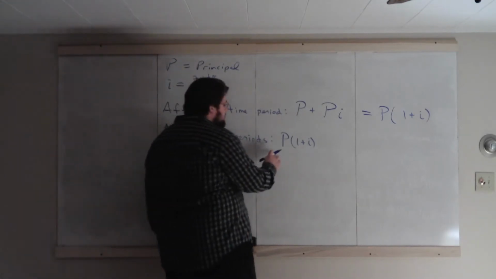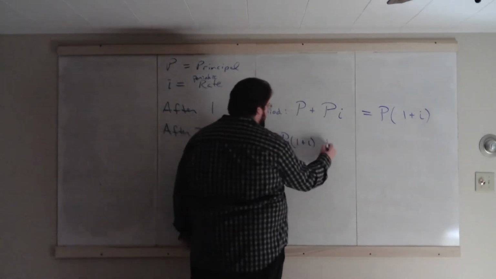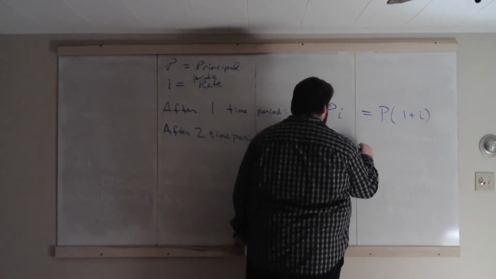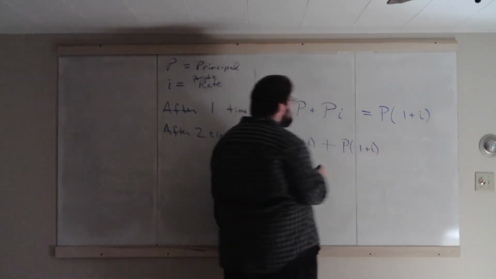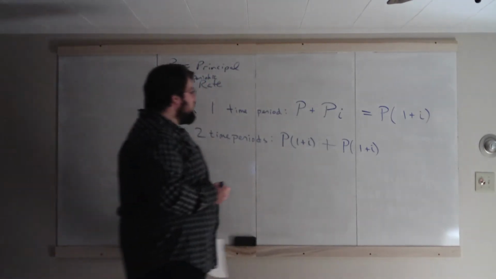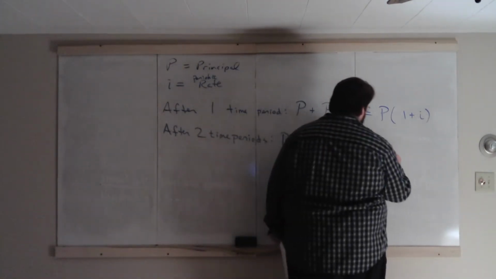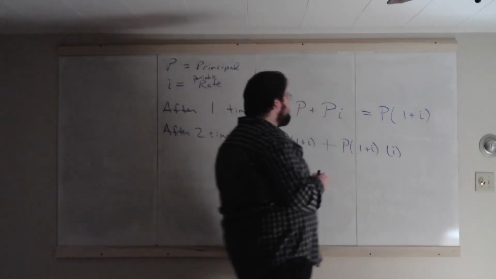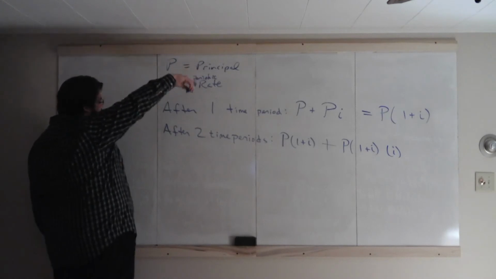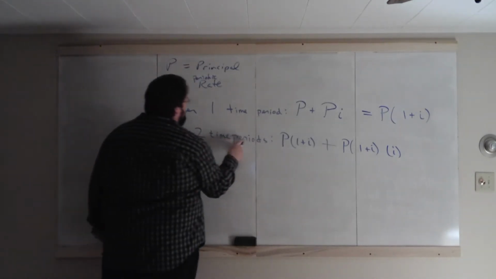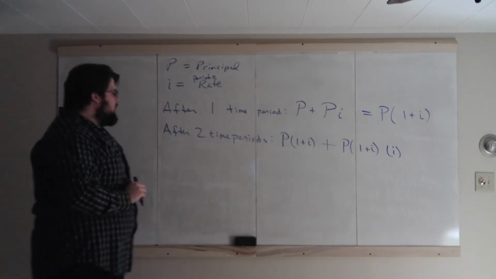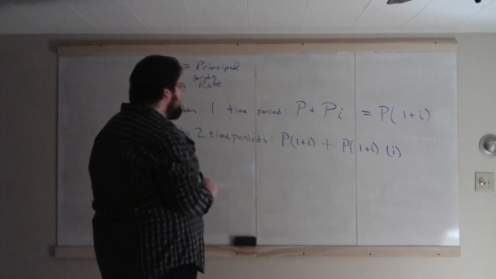So at the beginning of time period 2, that's what's in the account, and that's the amount we're going to earn interest on. How much interest? Well, it's at a rate of i. Notice our units are the same because the rate i is per time period, and here the units are also time period. We have p times (1 plus i) plus p times (1 plus i) times i.